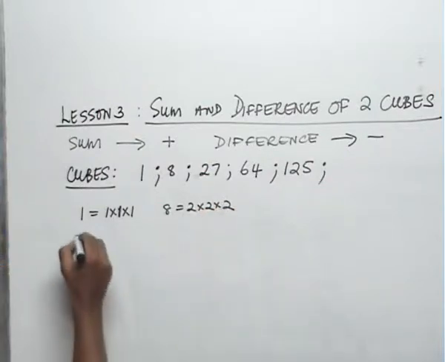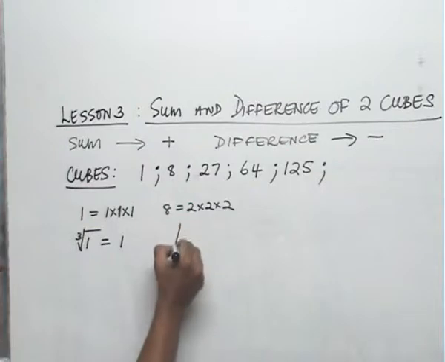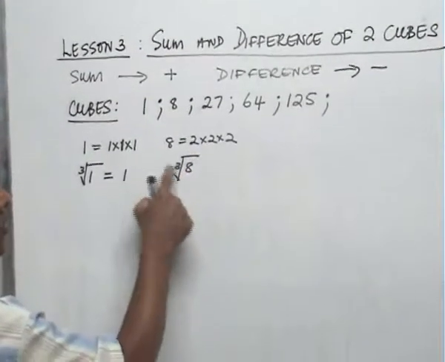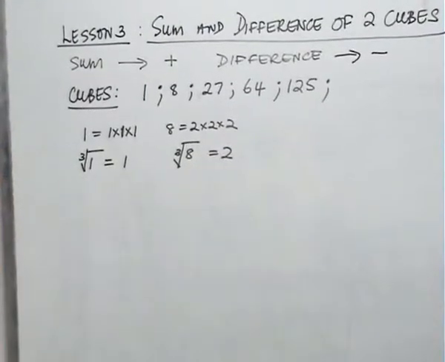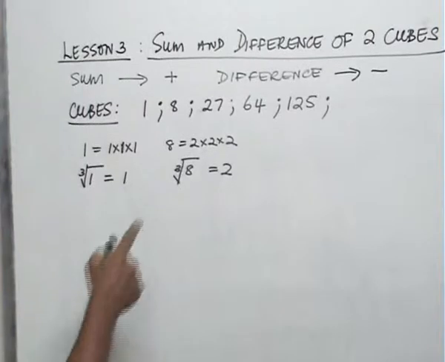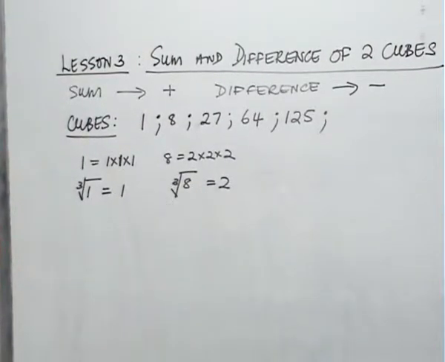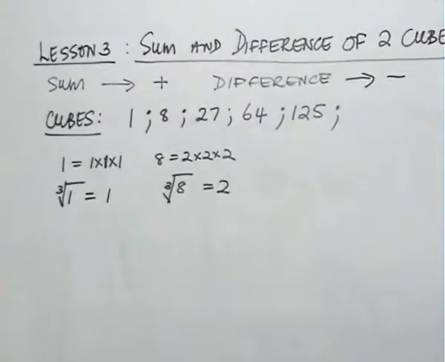And to explain it another way, if I find the cube root of 1, I'll get exactly 1. If I find the cube root of 8, I'll get exactly 2. Now use the calculator to help you. Some calculators have a cube root sign, so you just say cube root of 8 and you'll get your 2. Some calculators don't have the cube root sign.